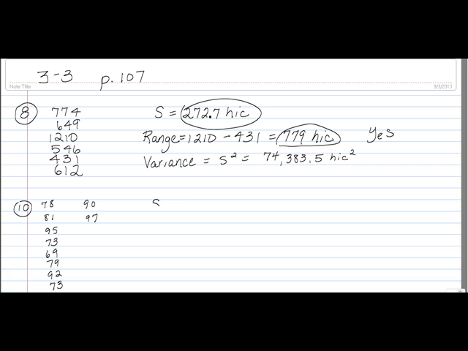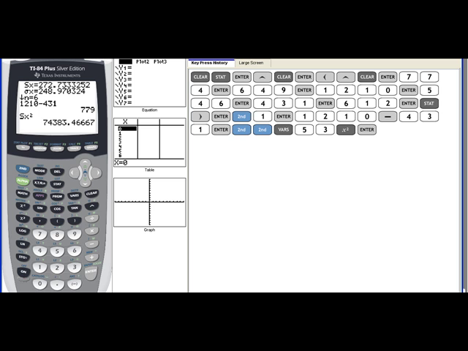Our highest number, it looks like, is 97. And let's see, what is our lowest number? 73. 69. Okay. Let me clear the calculator.